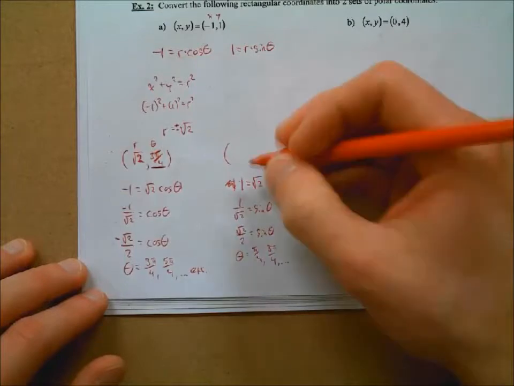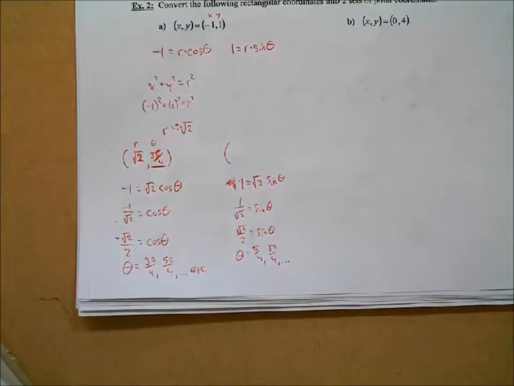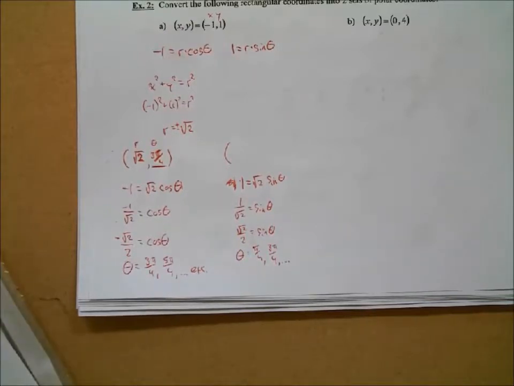I'll just leave it the way it is. That should be okay. So you have to pick the 3 pi over 4. Hang on a second here, I feel like I'm making an error here.